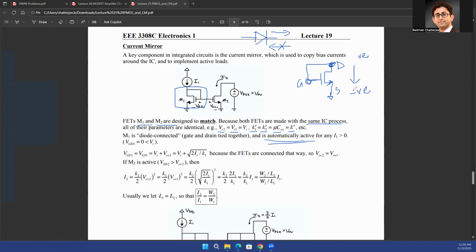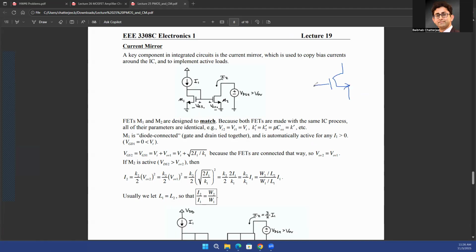Now, let's say I put a positive voltage on the bottom terminal, and a negative voltage on the top terminal.